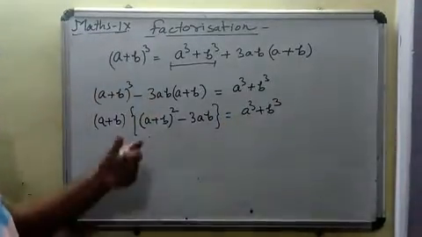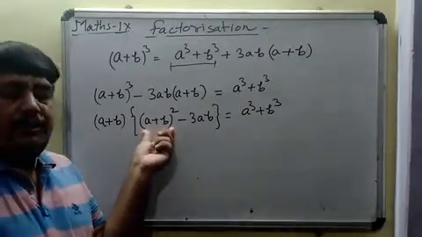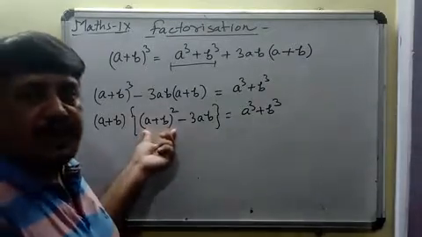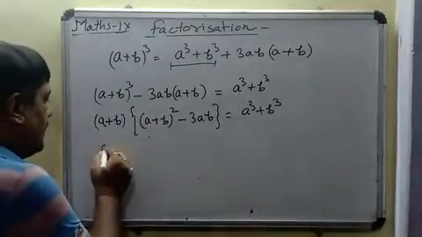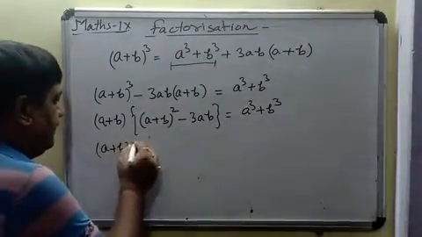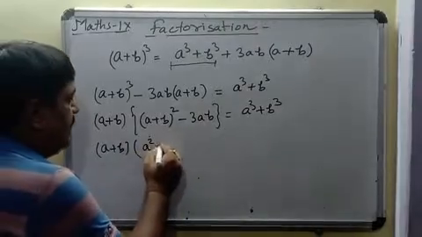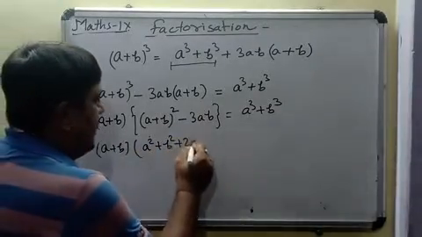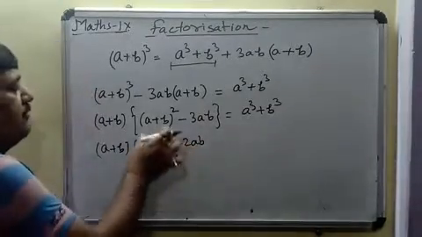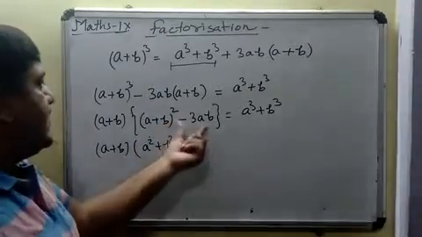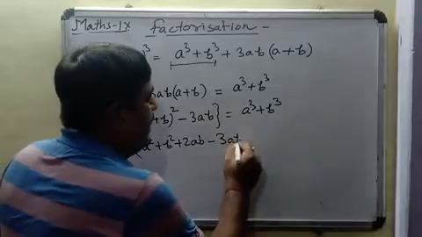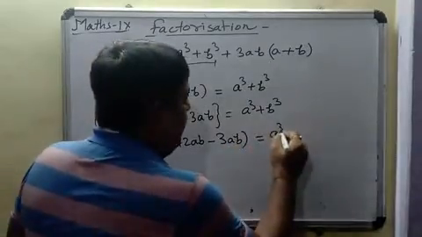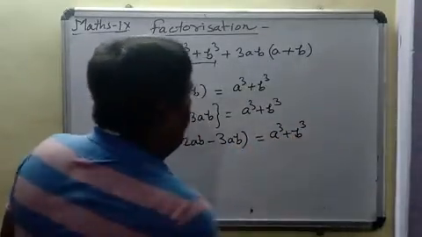Now again we know the formula of (a + b) whole square, that is a square plus b square plus 2ab. Put it over here. (a + b) as it is, it will become a square plus b square plus 2ab. This is the expansion of (a + b) whole square, and then we have minus 3ab, and that equals a cube plus b cube.